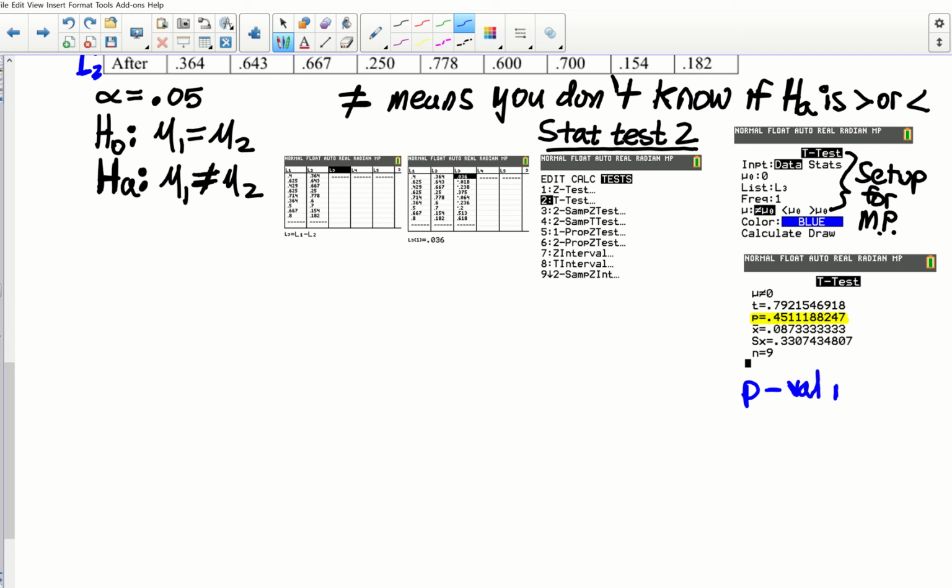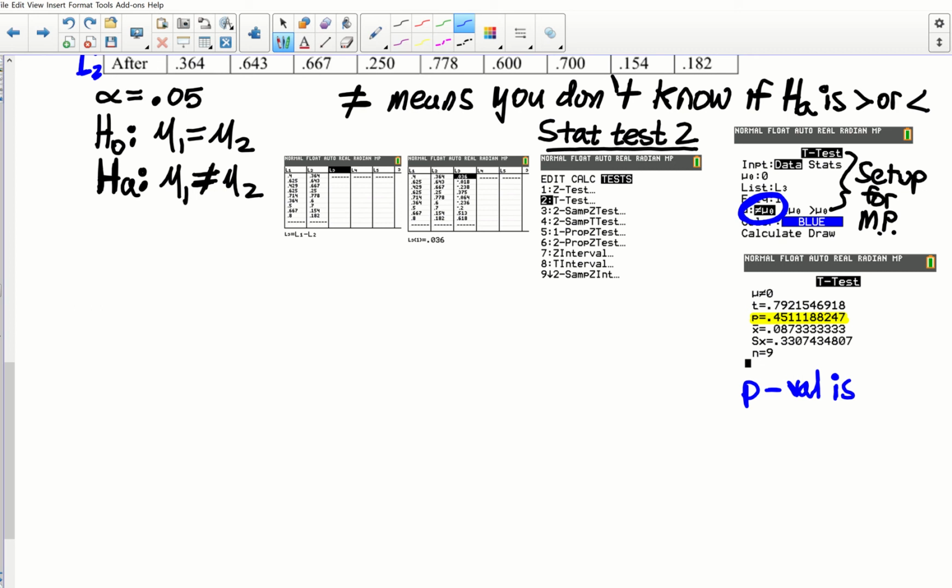Yeah, no, it's higher than yours. Okay. Me too, but I'm wondering if it's because under mu I didn't select not equal. That's usually what the reason is. If you did everything else the same, the most common error is right here. Okay. So try that again in the stat test.